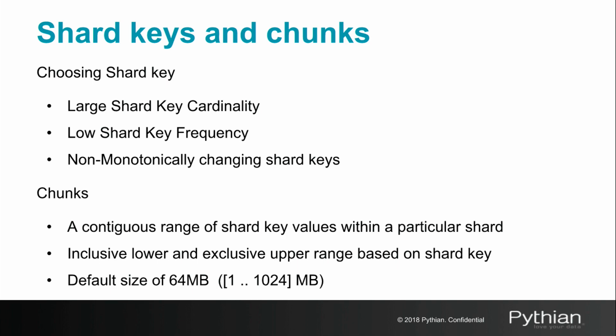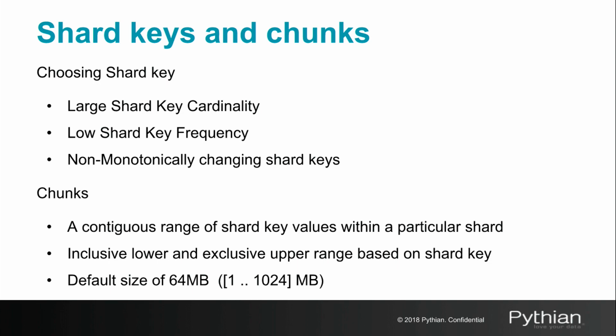Those documents that represent a shard key value with high frequency more likely will end up all on the same shard, and that will cause issues when your database will have to split your data and redistribute the data evenly across your cluster.